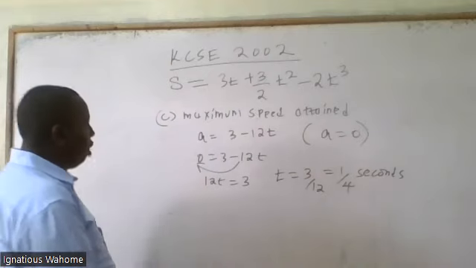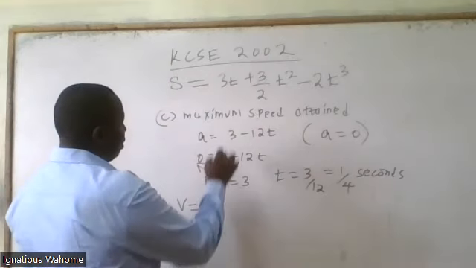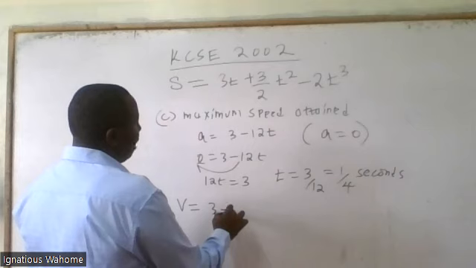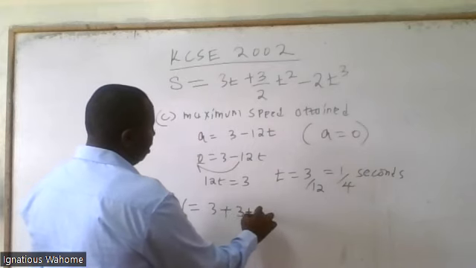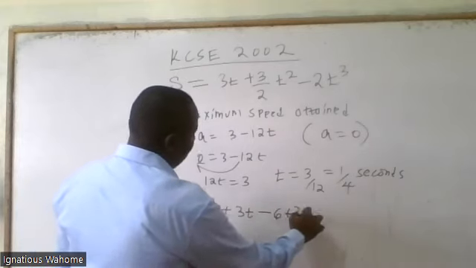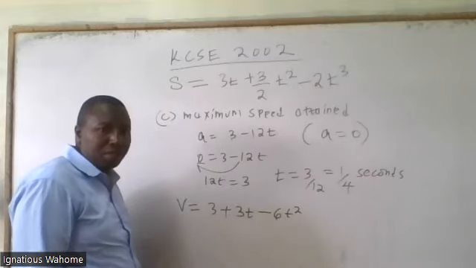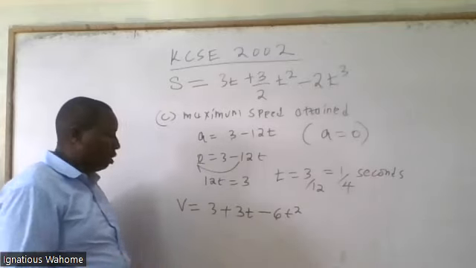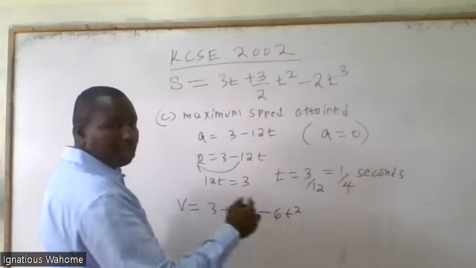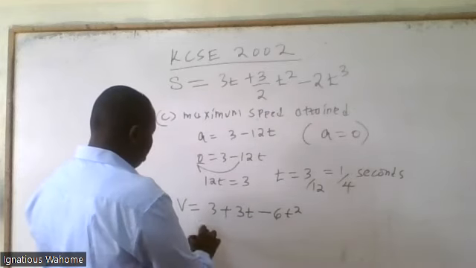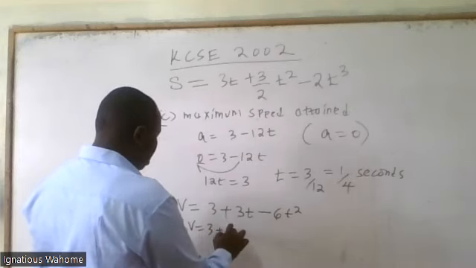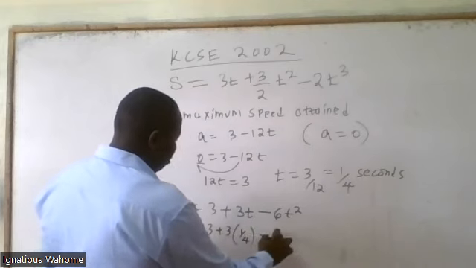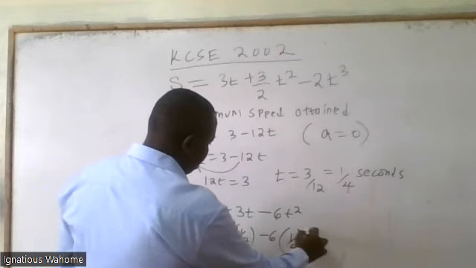So remember the function for velocity. The function for velocity was 3 plus 3t minus 6t squared. So therefore, to find the maximum speed, substitute t equals a quarter. So v is equal to 3 plus 3 times a quarter minus 6 times a quarter squared.